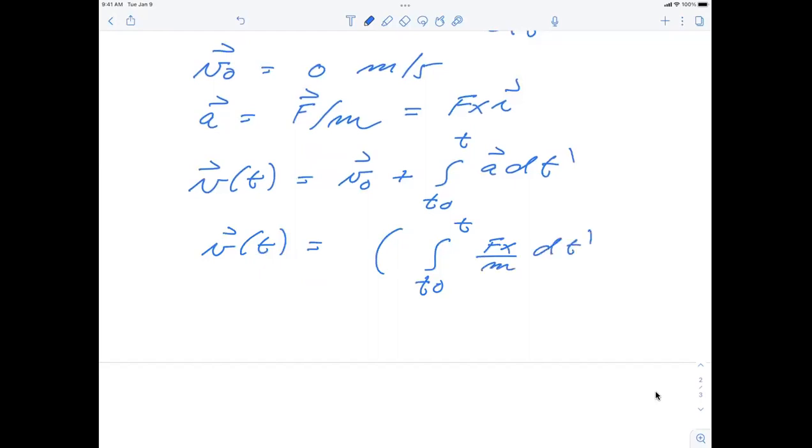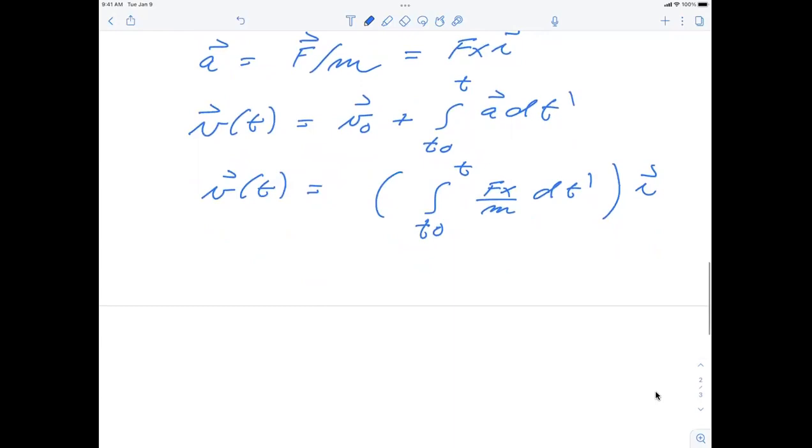So F of x is a constant. And then we would have this multiplied with an i here. And if we calculate it, t0 was defined to be equal to 0. So this is simply F x divided by m multiplied with time and multiplied with the unit vector in the x direction.